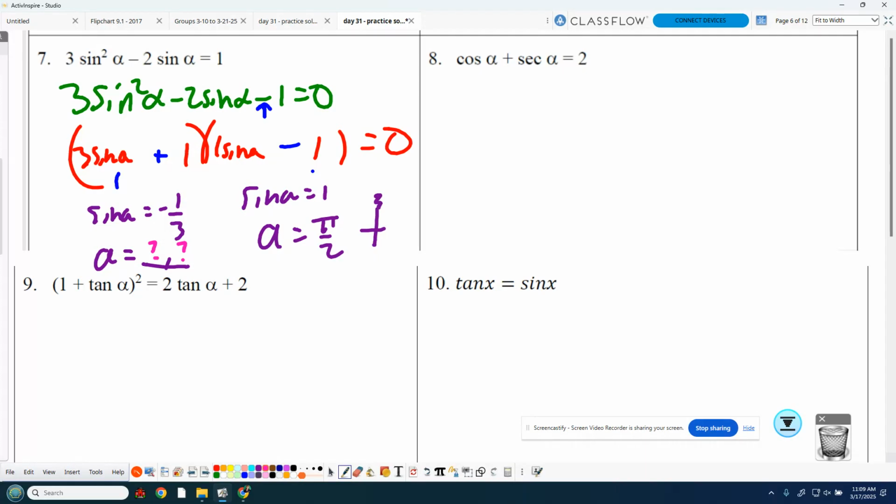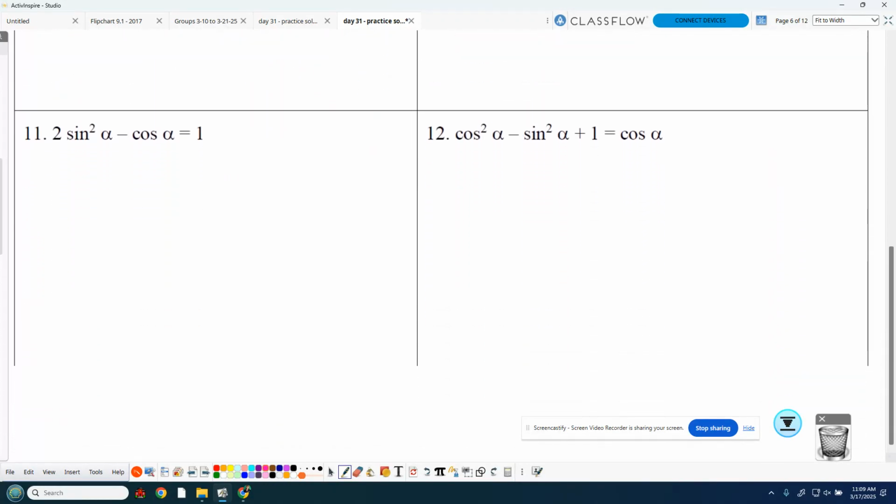Ahmed? Okay, do number 12. Oh my goodness. Okay, I got sine squared, I got cosine squared, and I got cosine. I need to get rid of one of them. The last example we did like this, Alana had sine squared or cosine squared, and I could get rid of either one. This one, there's very particularly a right one to choose to get rid of.